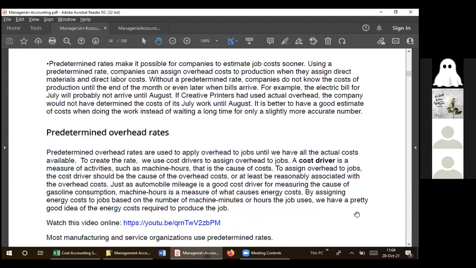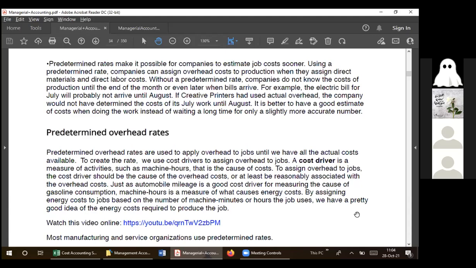Then predetermined rates make it possible for companies to estimate job costs sooner. Using a predetermined rate, companies can assign overhead cost to production when assigning direct material and direct labor cost. Without a predetermined rate, companies do not know the cost of production until the end of the month, or even later when their bills arrive.